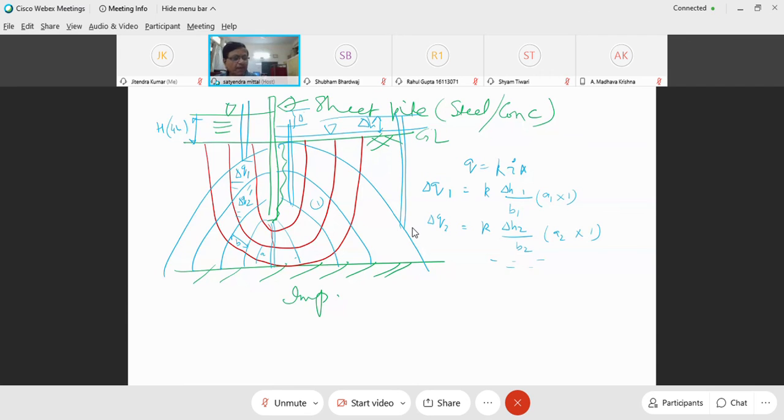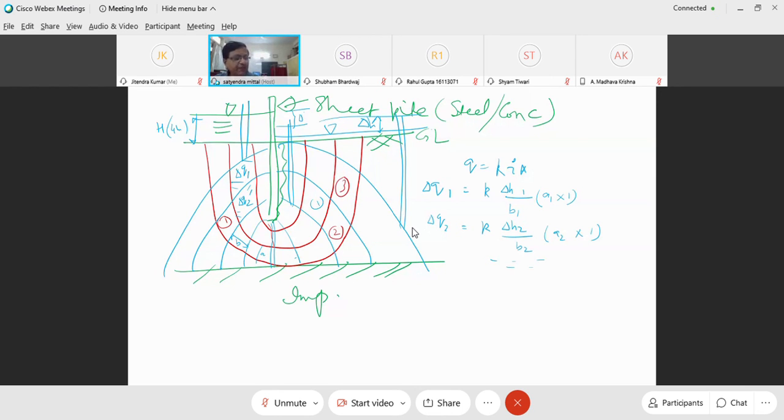So what is happening? Let us say this is field 1, for example. This is field 1. I can take any field, say this is field 2. And just above this, let us say this is field 3.